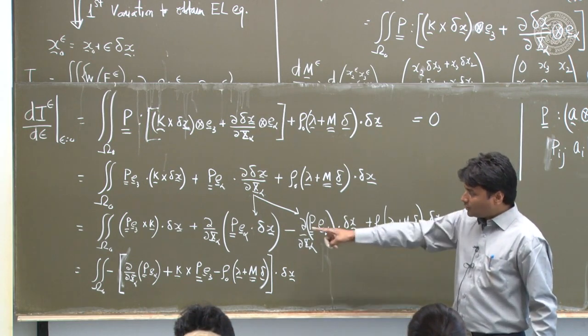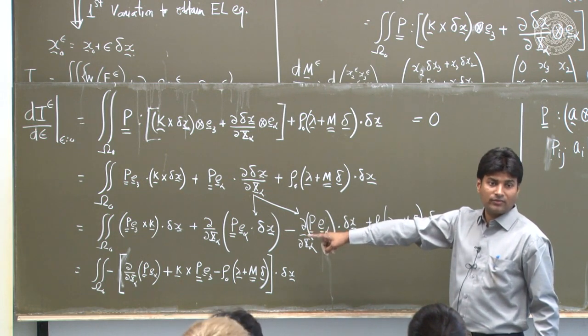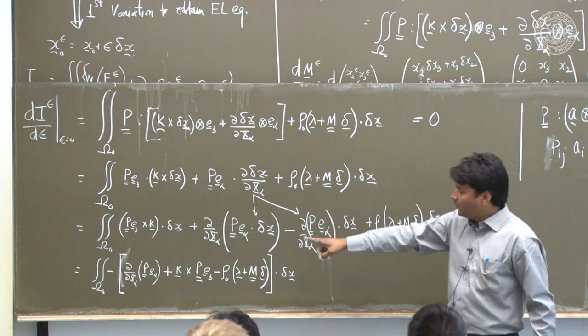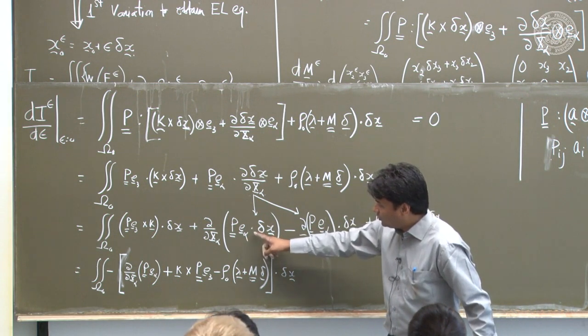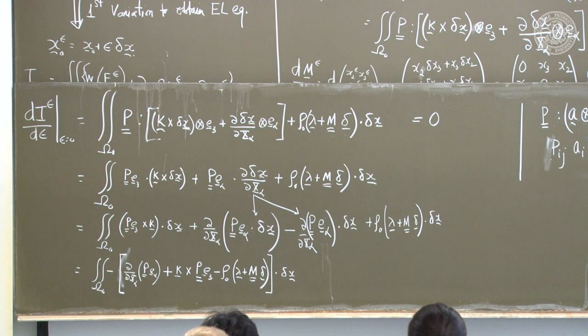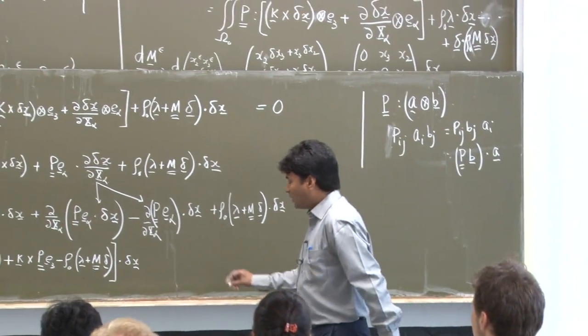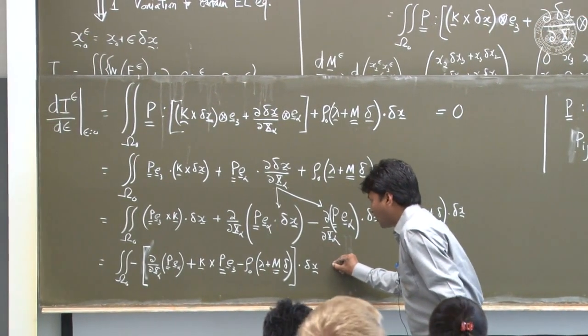You know, that is where we want to apply divergence theorem, for example. You could apply divergence theorem, p e alpha dot del x. So, maybe we will keep it separately for now.